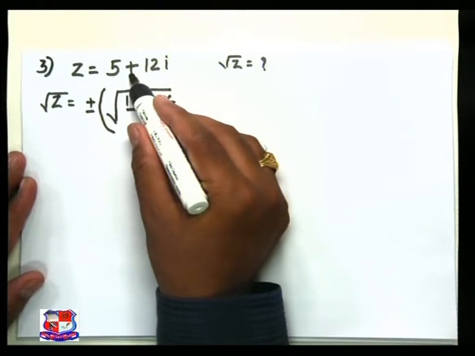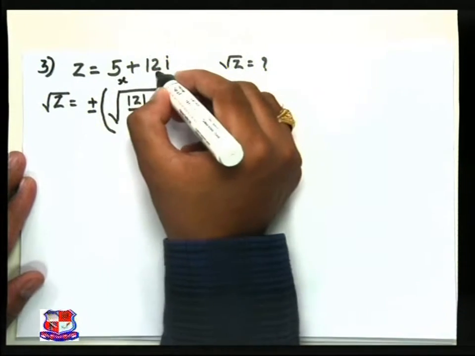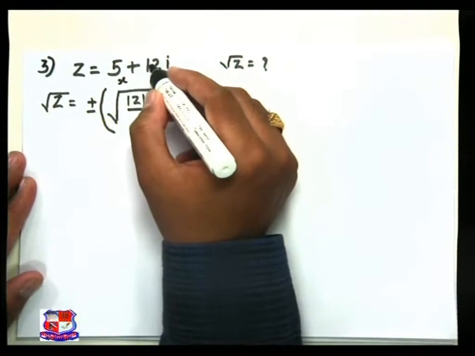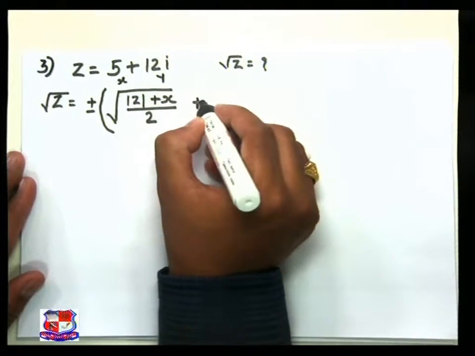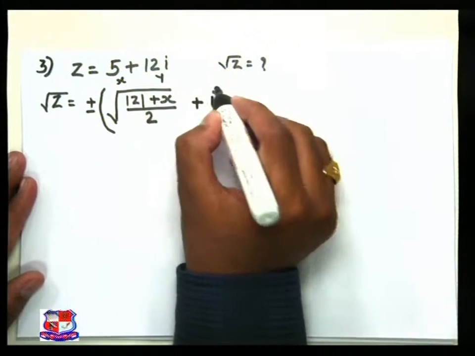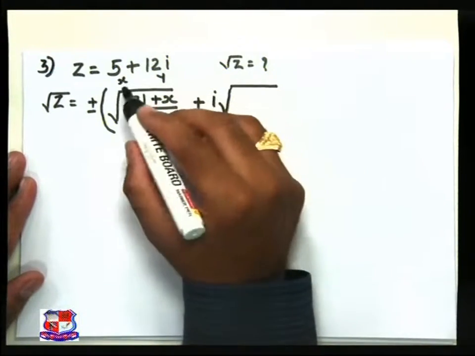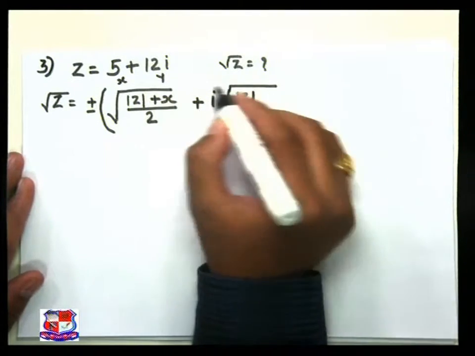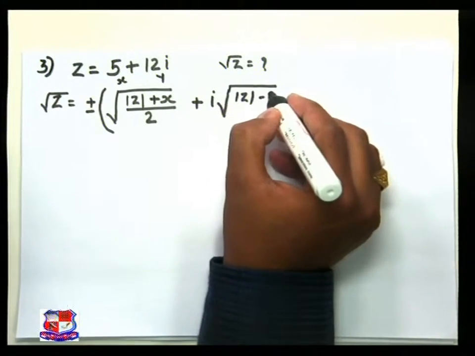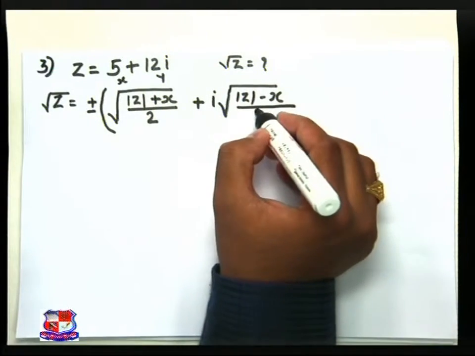Here our y value, that is positive, this is our x value, this is our y value, our y value, that is positive. So the equation here is plus i under root of mod of z minus x, divided by 2.